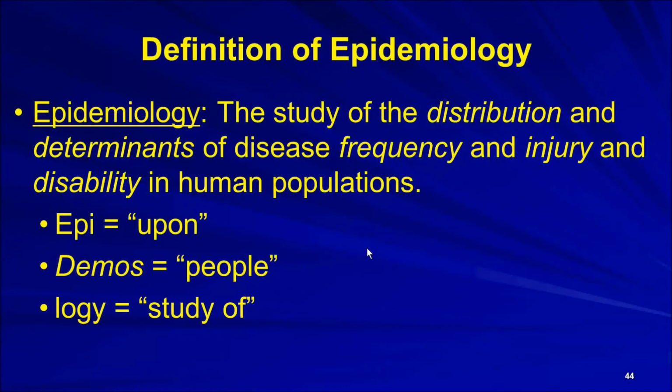Now, when you look at it, demos, we're looking at people. So it says human population. So that means right away we're looking at people, and the primary focus is people, and I often say noses. And it really has to do with the counting of noses. And so we're really studying people and not rats.